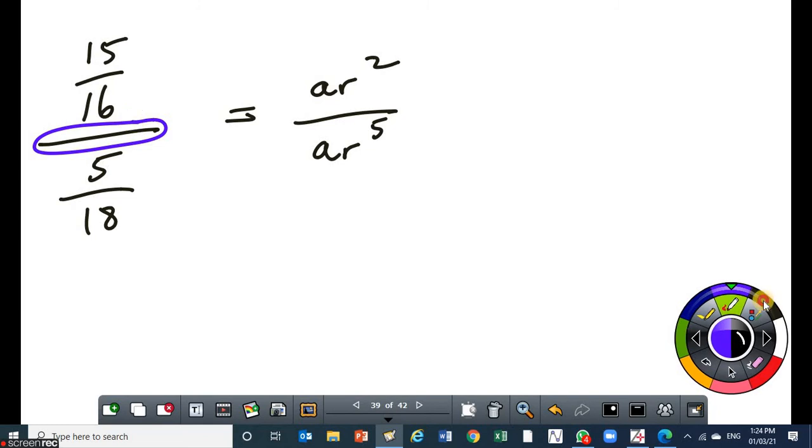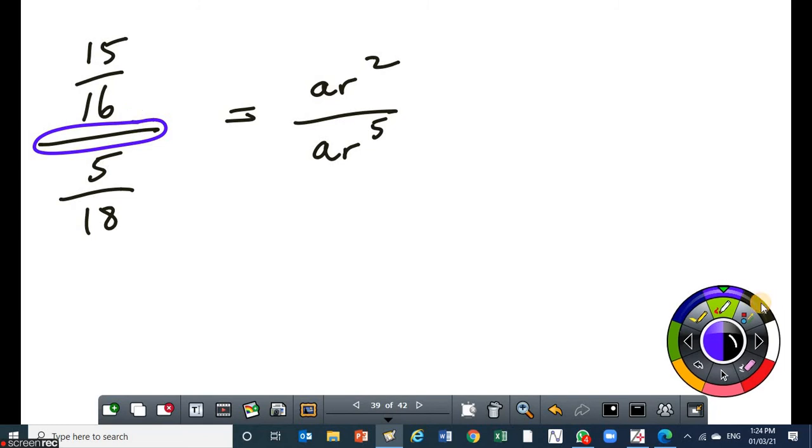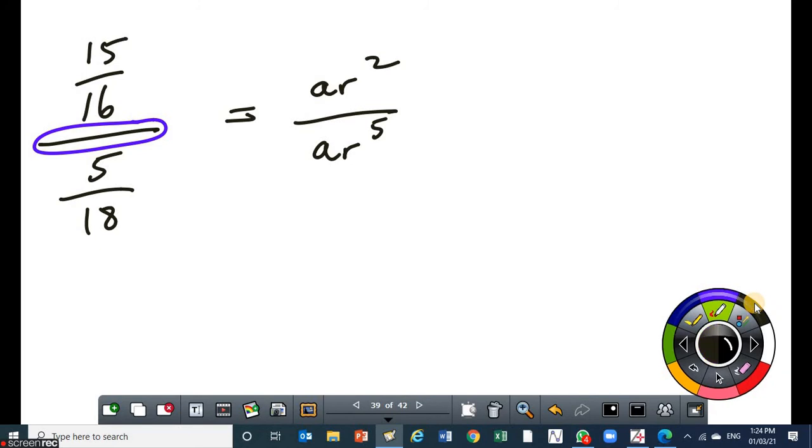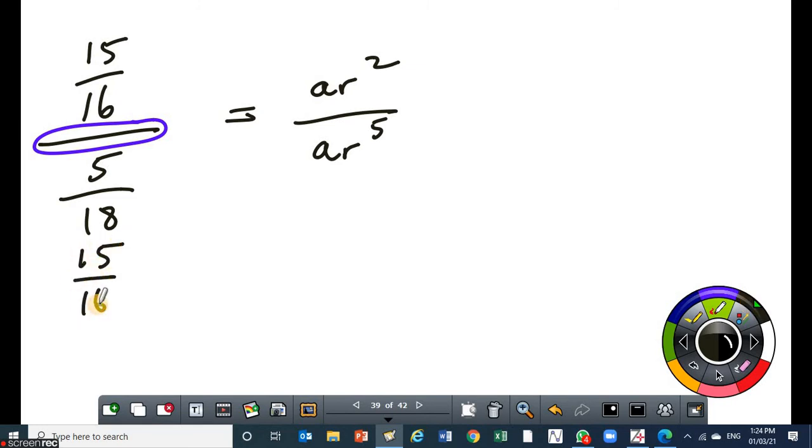So I can write the left-hand side as 15 over 16 divided by 5 over 18. If I simplify the right-hand side, you are going to find that this A and that A will cancel out.